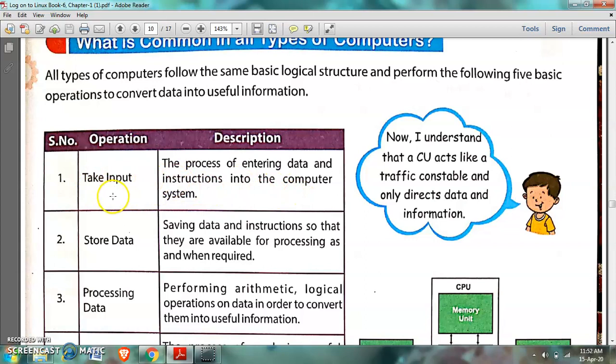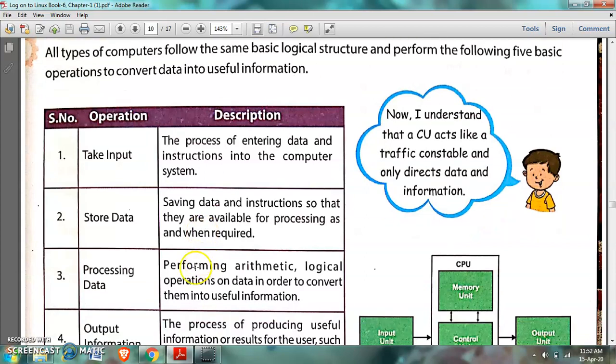Then second, all the computers store data, saving data and instructions so that they are available for processing as and when required. So this work is also done by all the computers, storing the instructions or data.